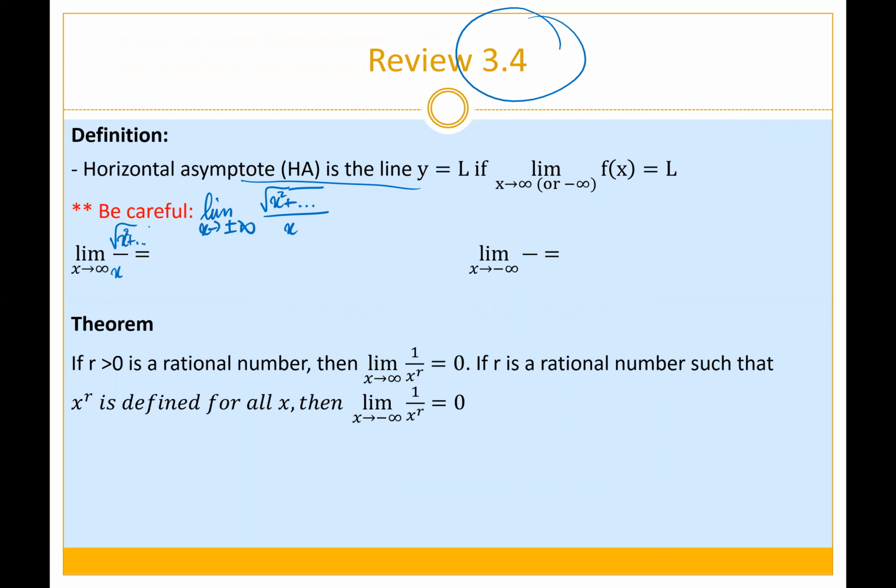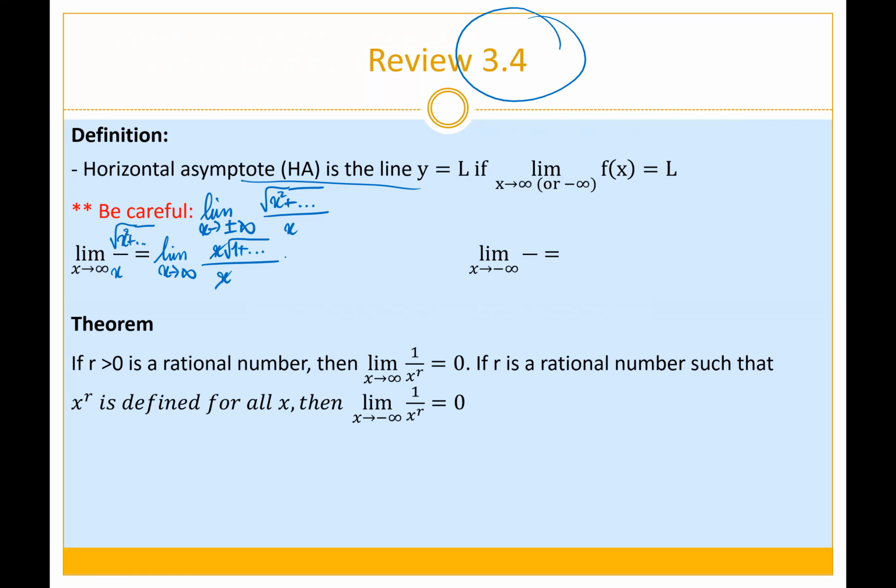In one of the previous sessions I mentioned that when we take x out of the square root, it is x times the square root of 1 plus something else divided by x squared. And you have x here.